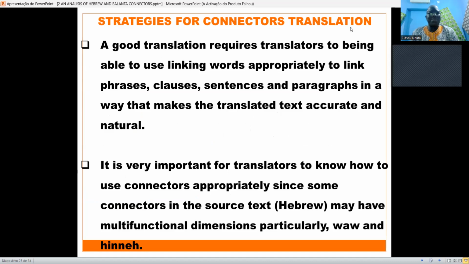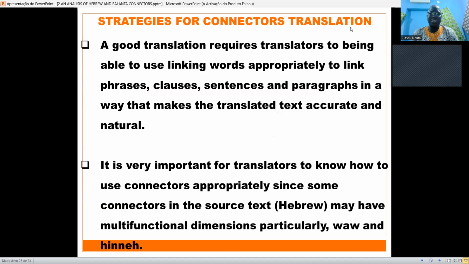Then now we come to strategies for connector translations. A good translation requires translators to be able to use linking words appropriately to link phrases, clauses, sentences, and paragraphs in a way that makes the translated text accurate and natural.